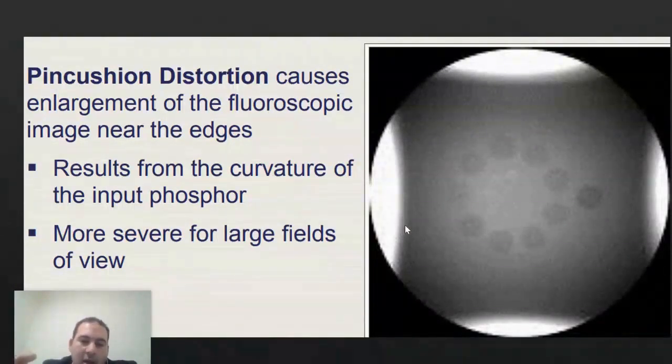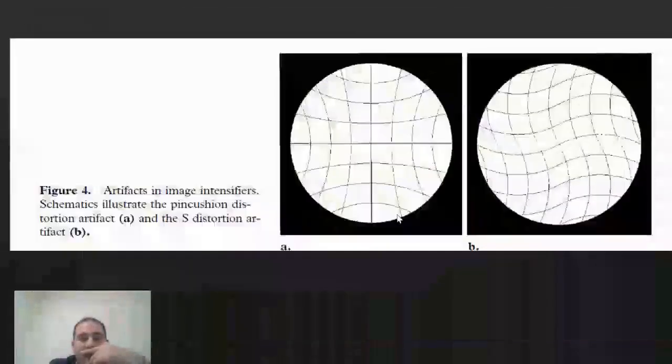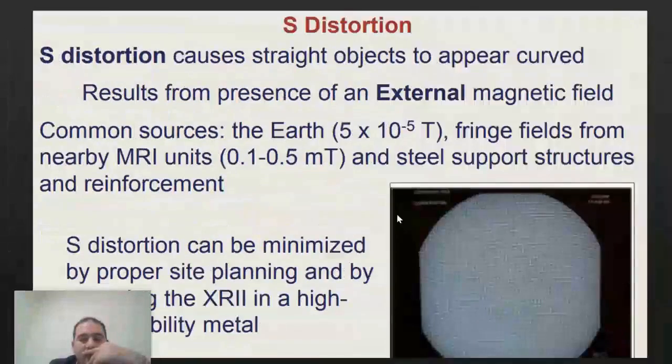Consequently, due to the large curvature, the intensity that is reached is notably different from the intensity that actually reaches the central point of my field of view. This phenomenon is the primary cause of what is known as the pincushion artifact.